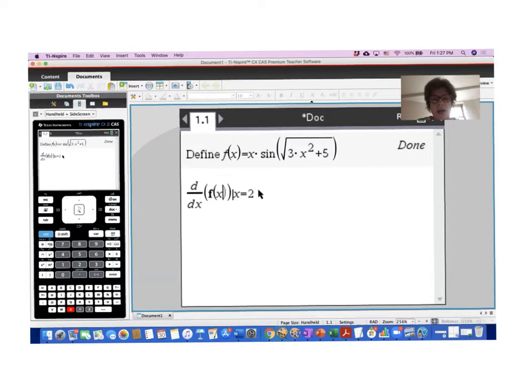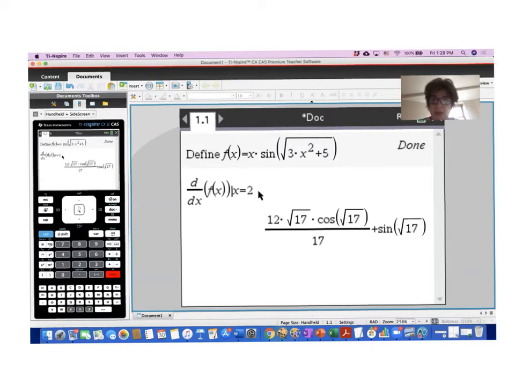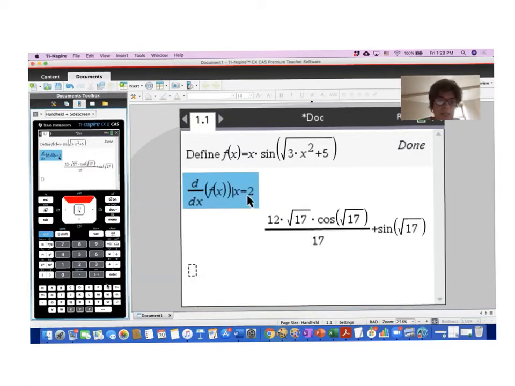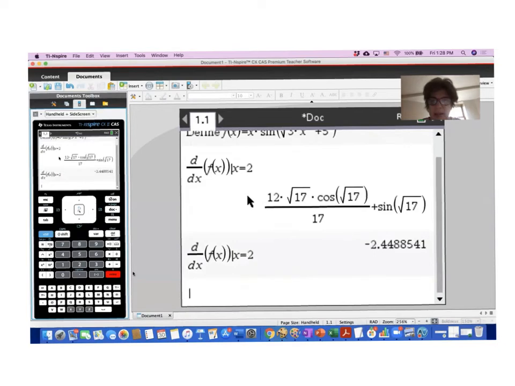Okay, now if I press enter, I'll get this. Do not copy this. Some of you copied it. Don't risk copying and making a mistake. So I'll go up and I'll press enter again, but this time I want an approximation. So I do control enter.